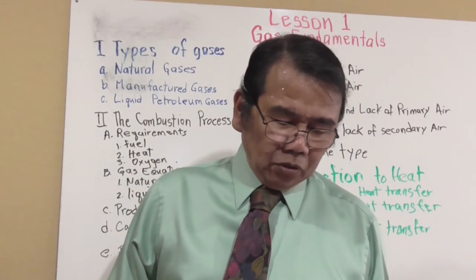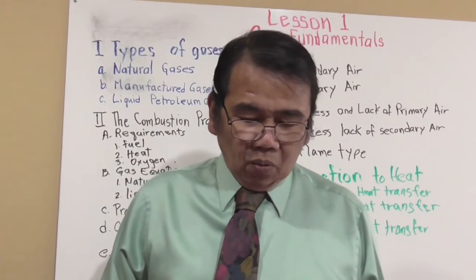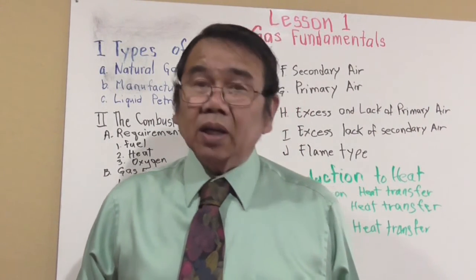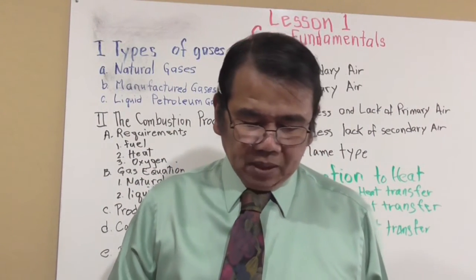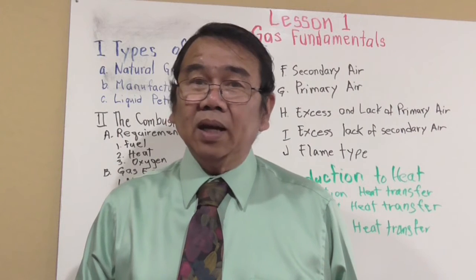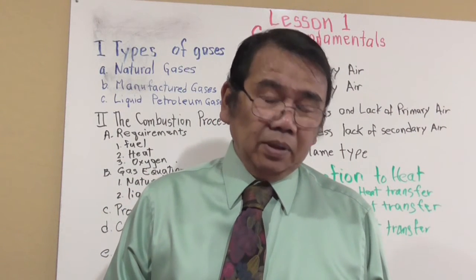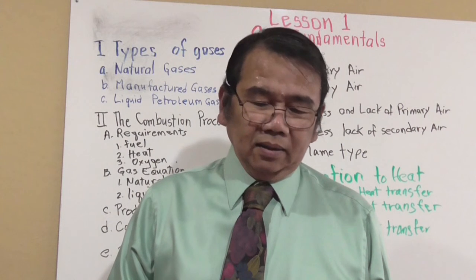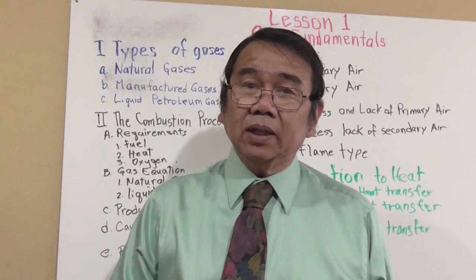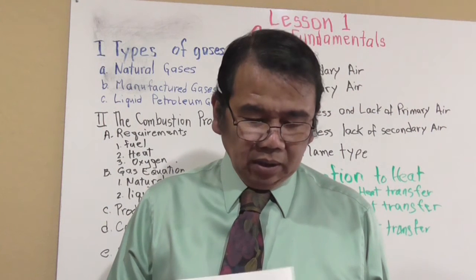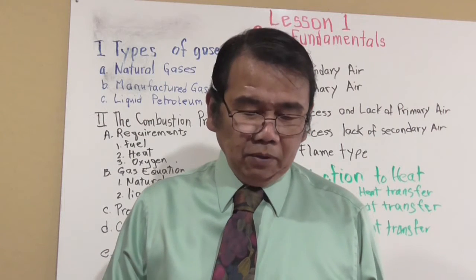Remember that. For complete combustion of liquefied petroleum gas, 1 cubic foot of LPG requires 18 cubic feet of air plus a flame to ignite. So always remember that triangle you must have in order to have combustion: fuel, heat, and oxygen. You remove one of those, then your flame will be gone.